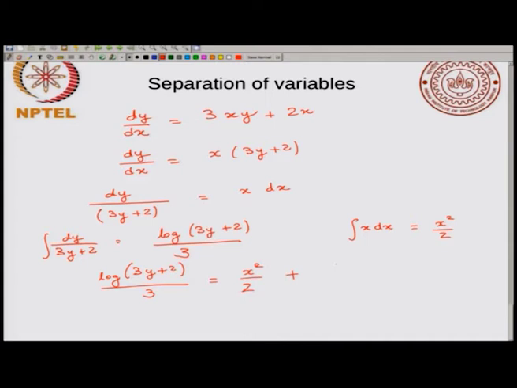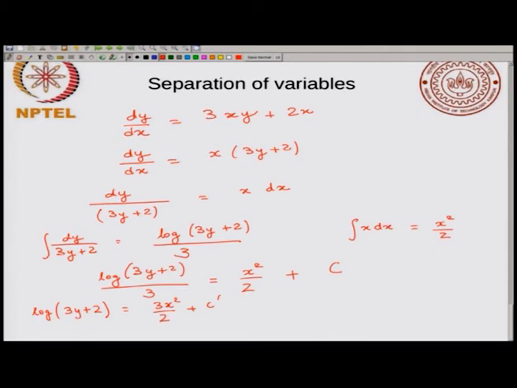So, I can always add an arbitrary constant of integration. I can rearrange this to write log of (3y plus 2) is equal to 3x square by 2 plus 3c, which is some other constant, I will just call it c prime.